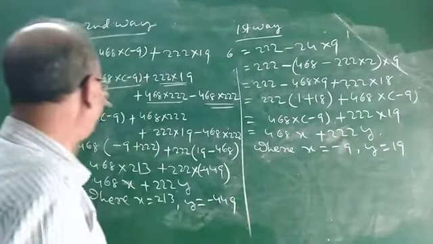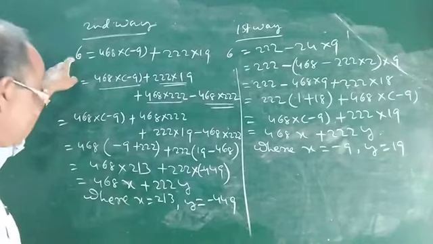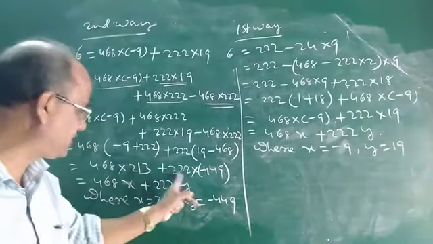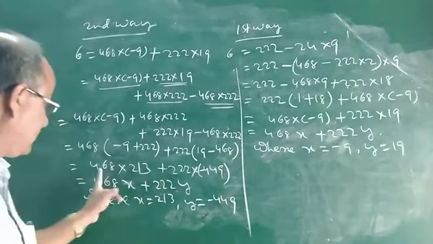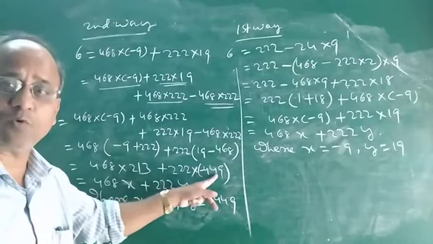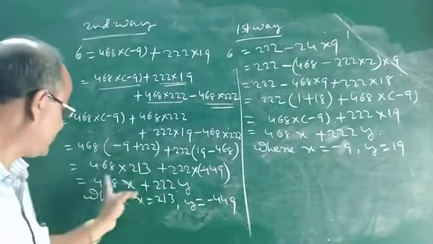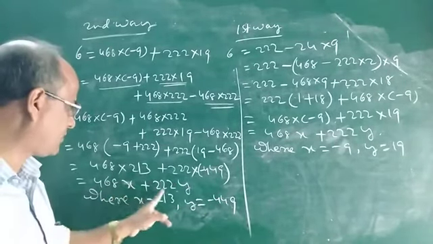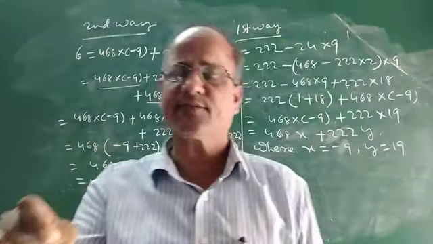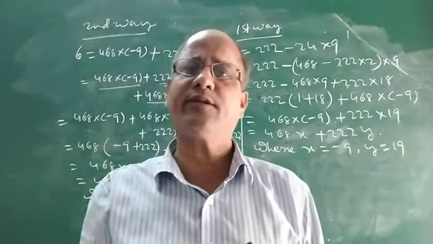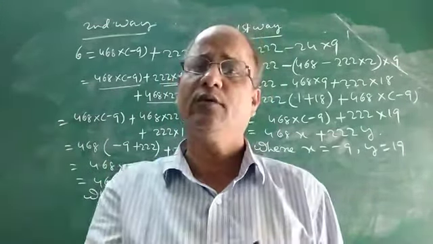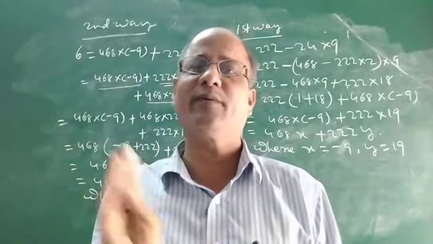In the second way, the same HCF, that is 6, has also been expressed as a linear combination in this way: 468 into 213 plus 222 into minus 449, which is equal to 468x plus 222y. That means in both ways, we could express the HCF of the two given positive integers, 468 and 222, as a linear combination of the two given positive integers.